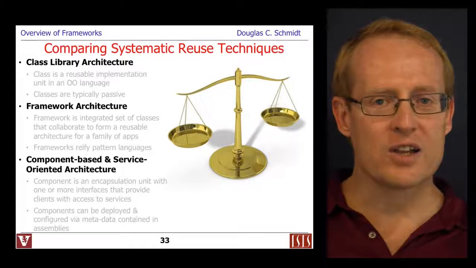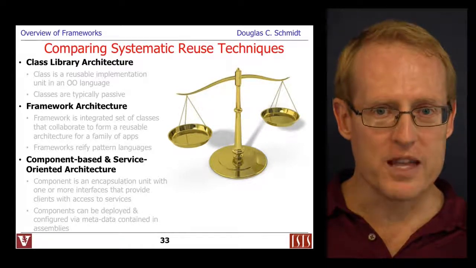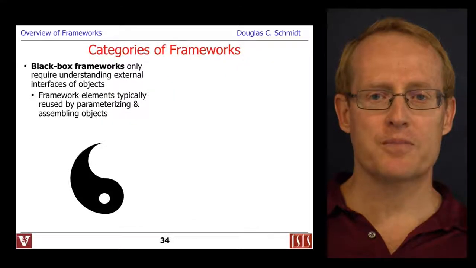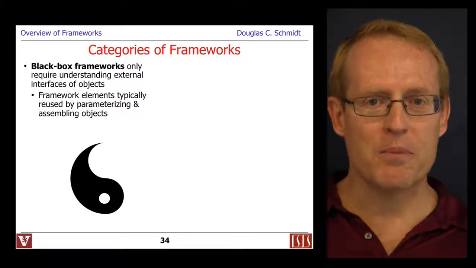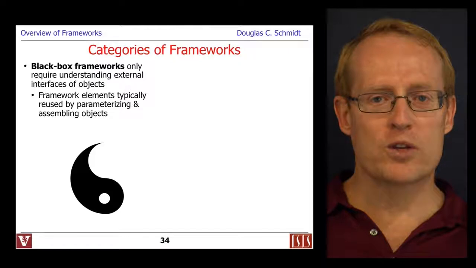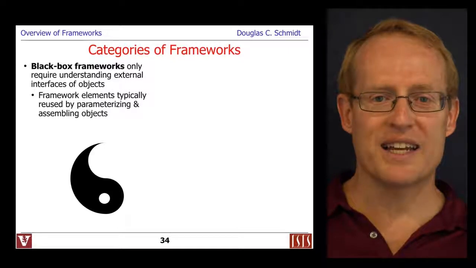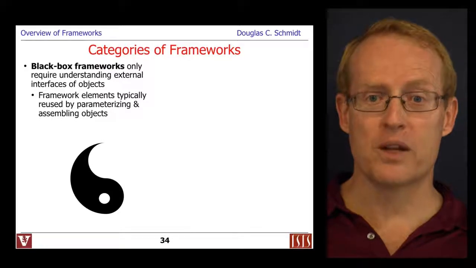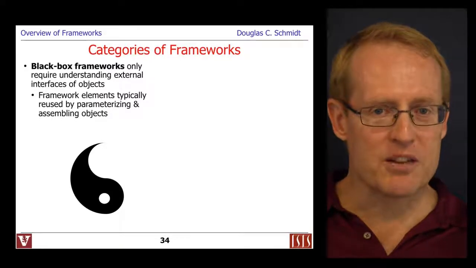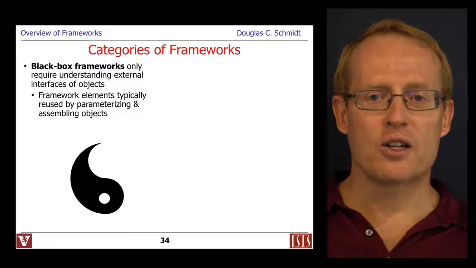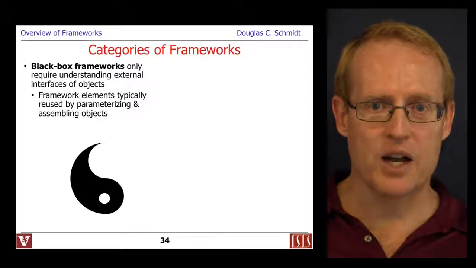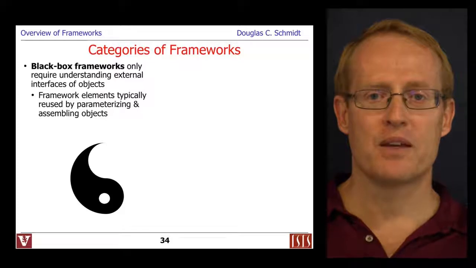When we start taking a look at frameworks more deeply, it turns out that there's a number of different types of frameworks. There are so-called black box frameworks, which really only require understanding of external interfaces of objects or classes or components. And the elements in black box frameworks are typically reused by parameterizing or assembling objects and composing them somehow.